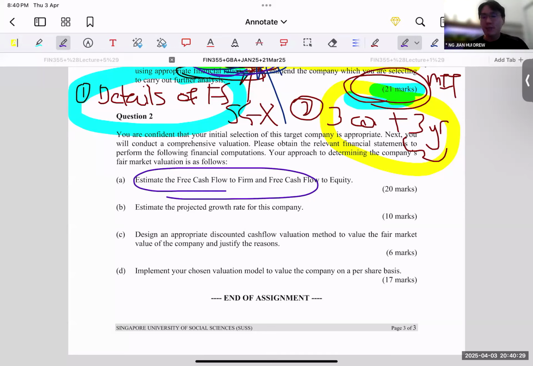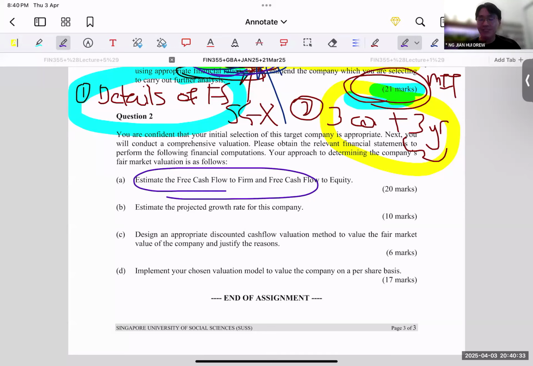Generally markers mark by comparison, in the sense that if you have one group that might spoil the market by doing a lot of detail in terms of FCFF. For example, they put down what assumptions were used, the tax rate, then you do a regression on the beta. I know a couple of groups regressed the market returns to stock returns to determine beta, to verify that the beta in your market intelligence tool is accurate.